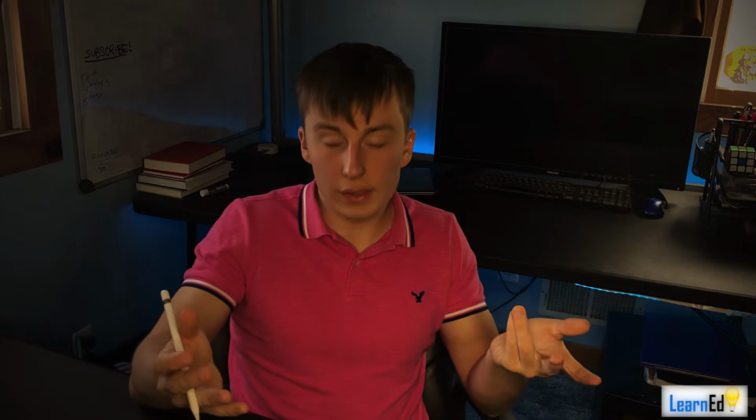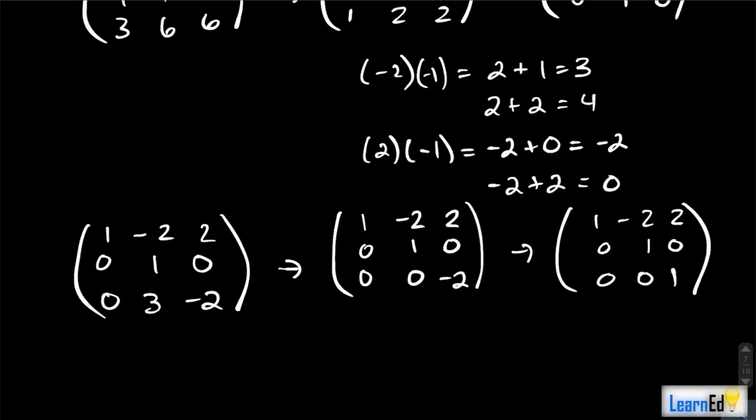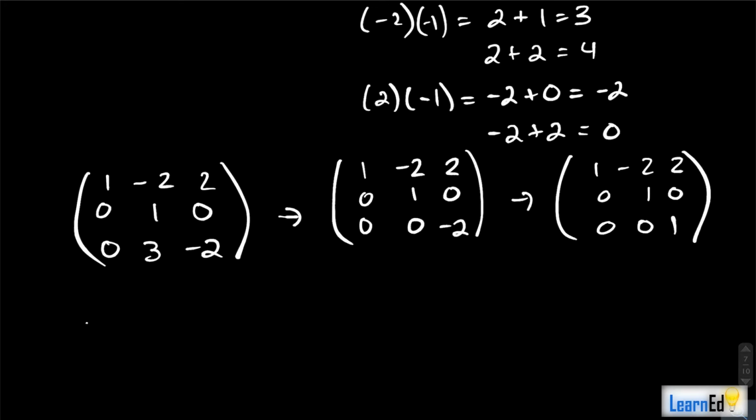Now you can put this into reduced row echelon form. It honestly doesn't matter at this point, and it's kind of whatever makes you feel better. I always put these in reduced row echelon form because it just made me feel a little more comfortable. But from this, you can literally just say this is linearly independent.